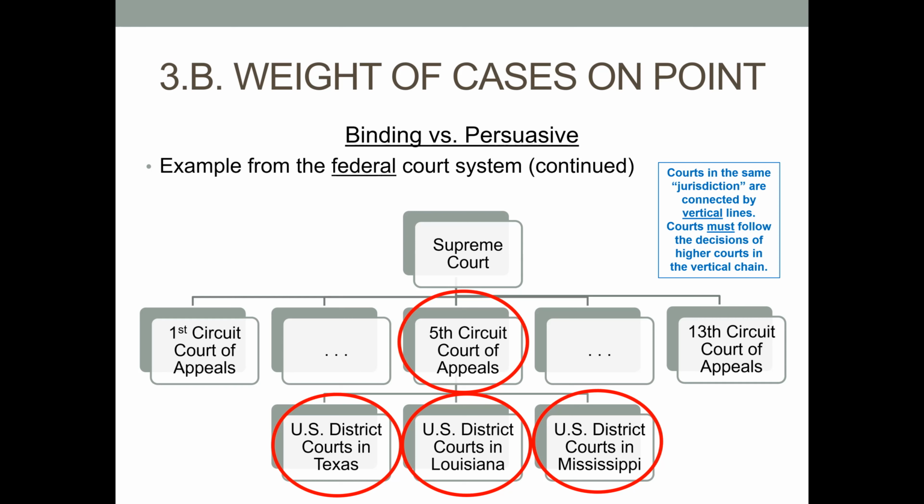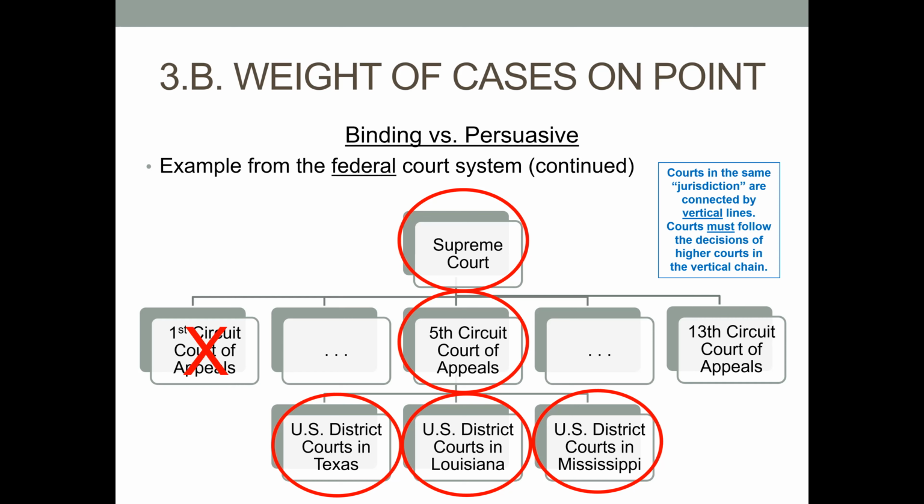So that means that if your client is in one of those 3 states in a federal district court, then the decisions on point from the Fifth Circuit Court of Appeals will be binding on that court. And then, of course, the Fifth Circuit Court of Appeals itself is linked upward to the U.S. Supreme Court. And so here is what the circled courts form: the same jurisdiction.